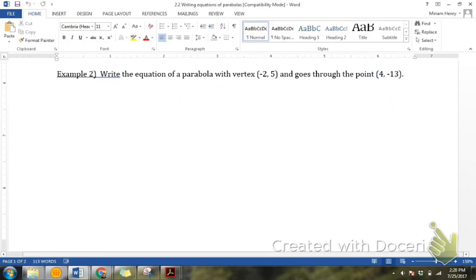Okay, we're going to do another example together, so go ahead and write this down on a separate sheet of paper. You just need to write vertex -2, 5 and point 4, -13. Okay, write those 2 points down on your paper, please.